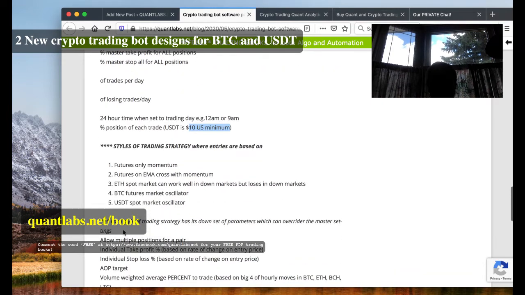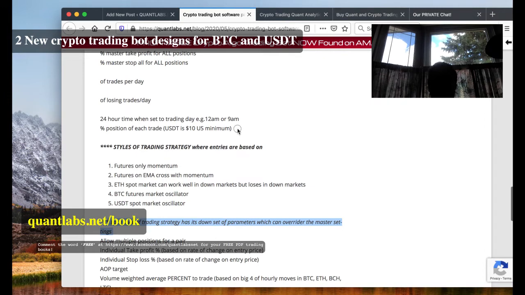Okay, so in here I've got the mention of each trading strategy style, and in here I've got each one will have its own individual settings that will override these settings as well. So let's talk about them. Now, one of the controls here is you're going to have control on the exit.